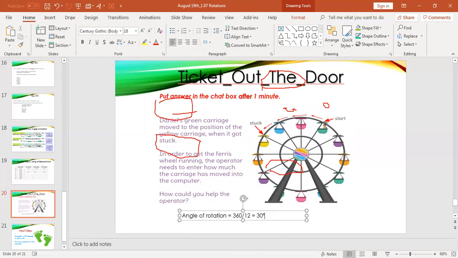Remember what I said: when you get the angle of rotation, the figure can map onto itself, with the angle of rotation times 2, times 3, times 4, times 5, all the way up to 360. So the green gondola passes through 3 angles of 30 degrees to reach yellow, and that's how we get our 90 degrees.